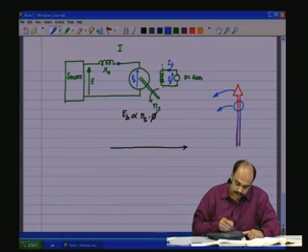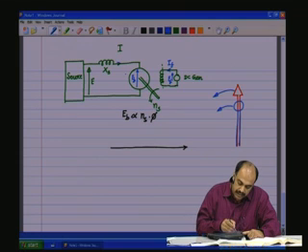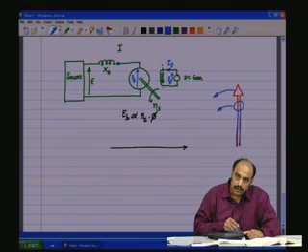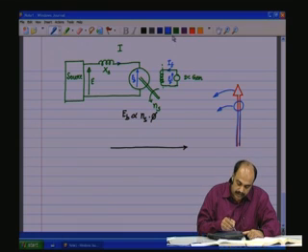Therefore, EB will be along E, because EB is going to rotate as E is the source. EB will also be along the same value as E.